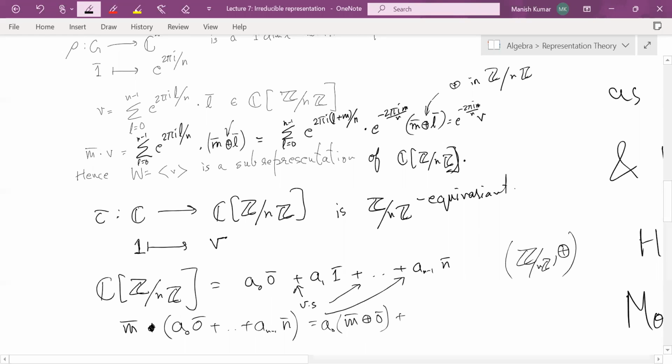The next term will be A1 times M bar plus 1 bar, which is M plus 1 bar. But this plus and this plus are different. That's what is leading to the confusion, I suppose. Sorry, this should be N minus 1 bar. Once you write examples, things go crazy.